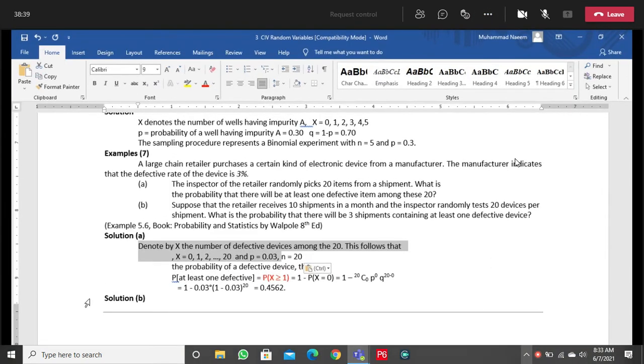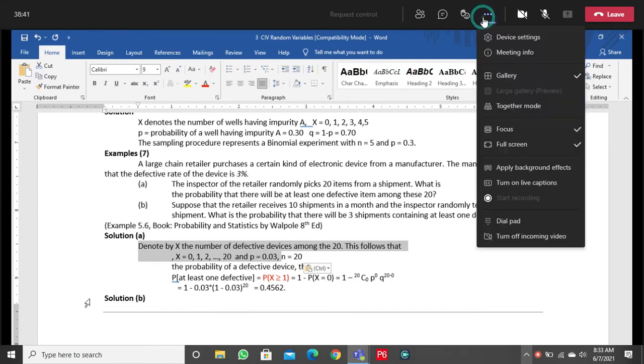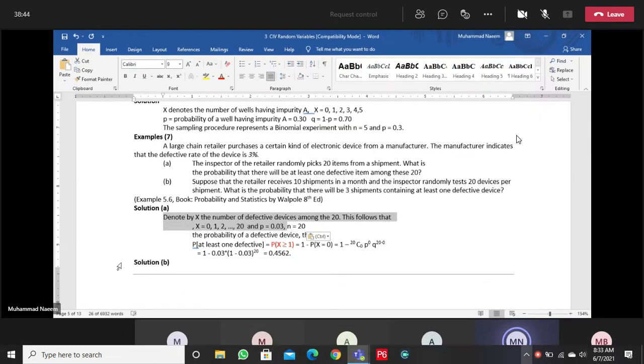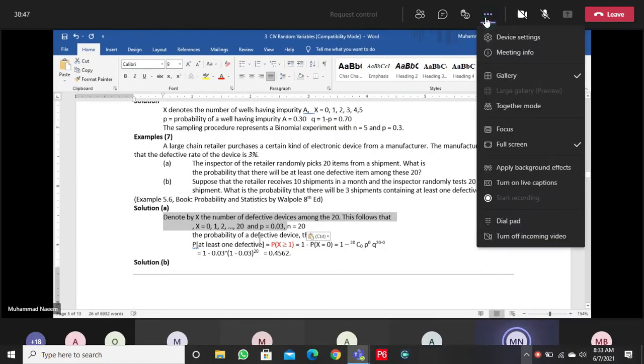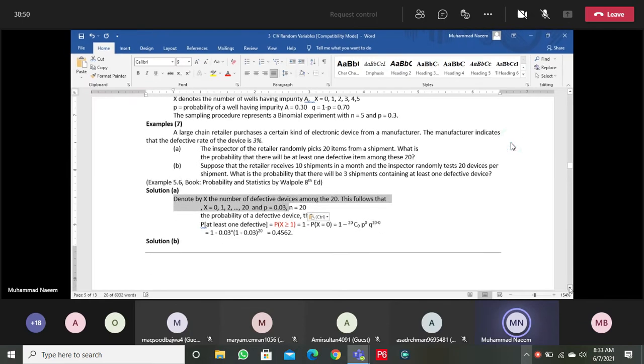So in a single toss, the probability of a success is the value of P. Remember these things. All these three must be compatible.